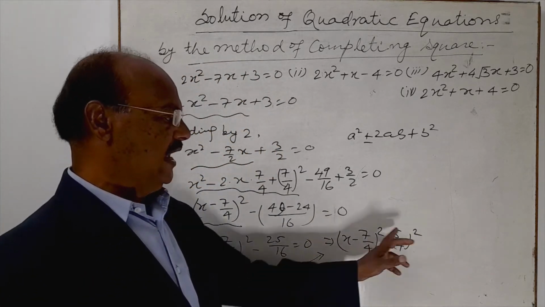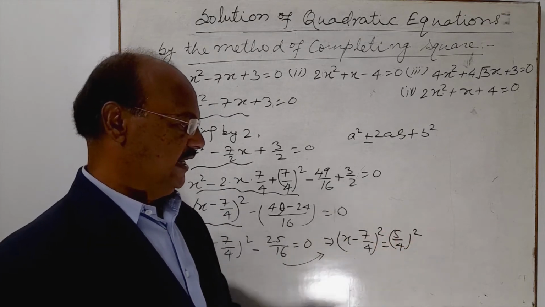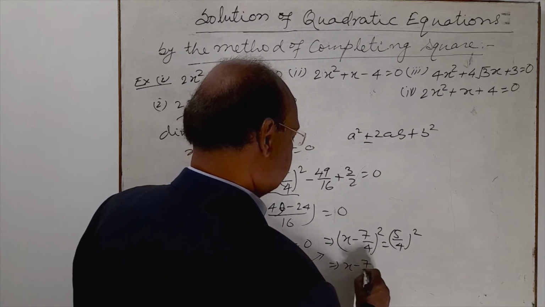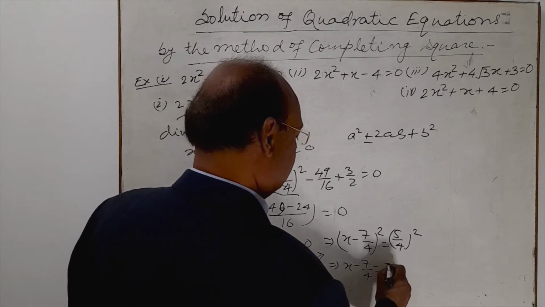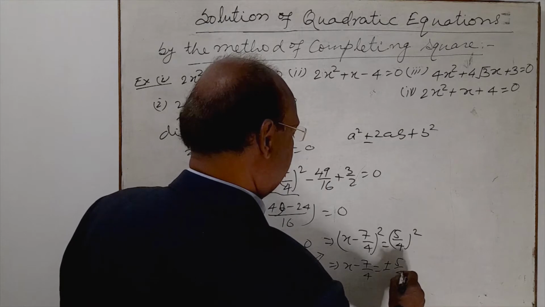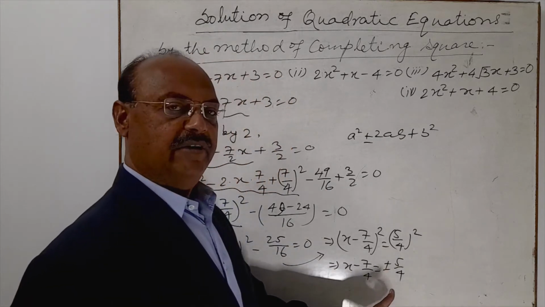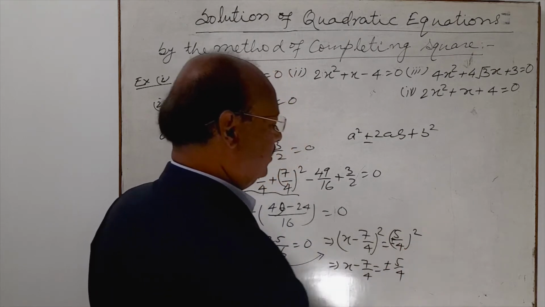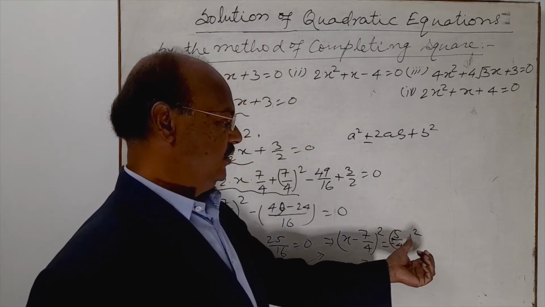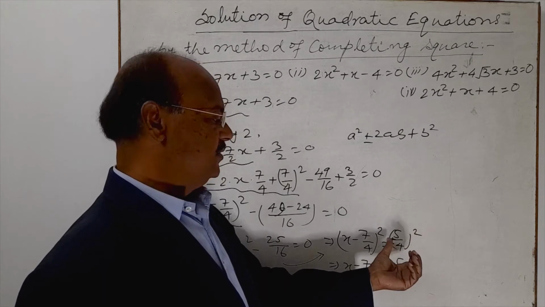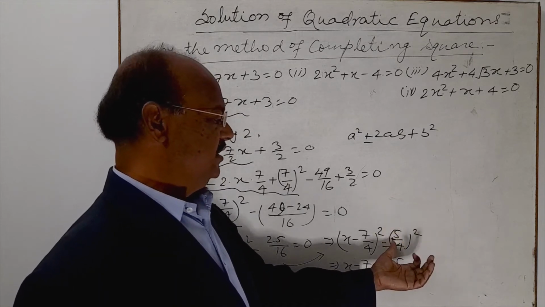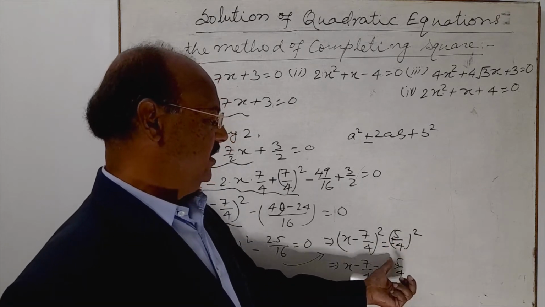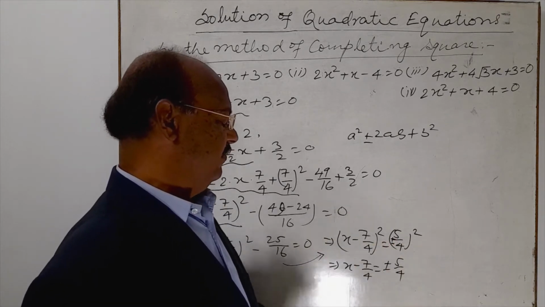Now taking square root on both sides, we can write x minus 7 by 4 is equal to plus minus 5 by 4. Why plus minus 5 by 4? Because the square of plus and minus always gives a positive number, so its square will be 25 by 16. That's why we get plus and minus 5 by 4.